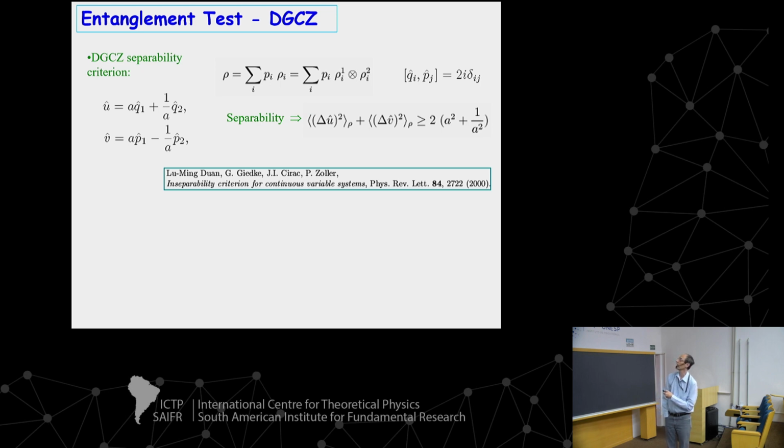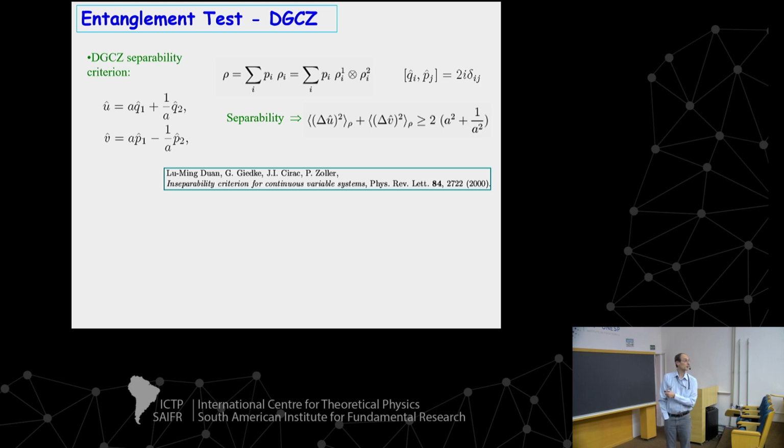And whenever you have the combination of these two beating this limit, you have a signature of two entangled states. Otherwise, separable states will give a value greater than 2 for a equal to 1, with the square root of a equal to 1 here.